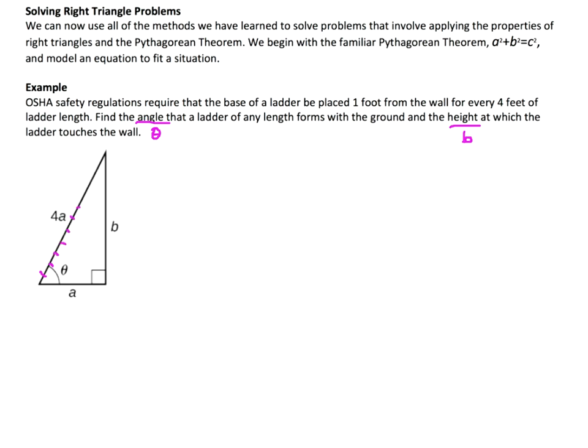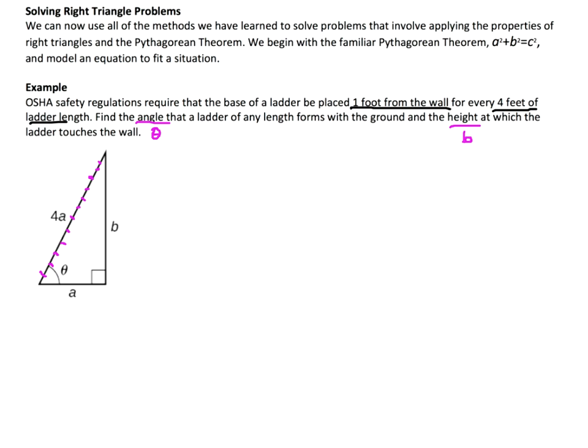So this is the ladder, obviously. And so if we can figure out theta, we know the angle that the ladder needs to be from the ground. All right. So we have the adjacent side and we have the hypotenuse side. We've got A and 4A because it says every 4 feet of ladder length to every 1 foot it is from the wall.